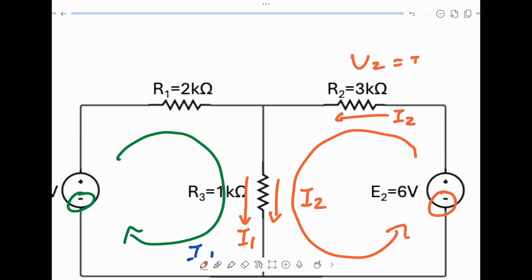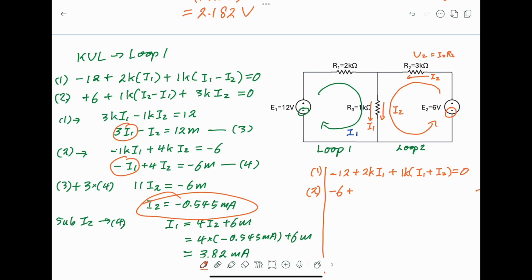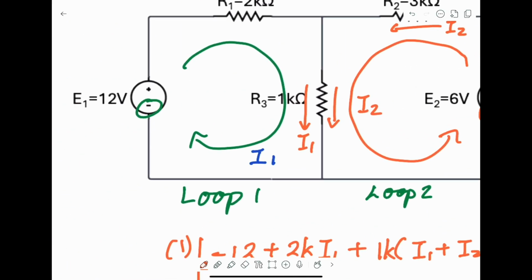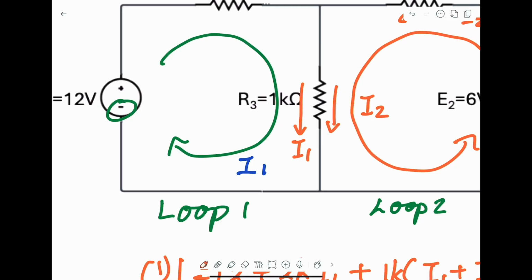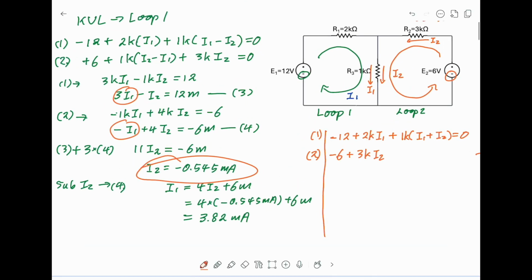V2 is I2R2, of course, and this is plus 3k I2. For this one, same, both I2 and I1 are parallel and moving down, so we can say plus 1k (I1 plus I2) equal to 0.